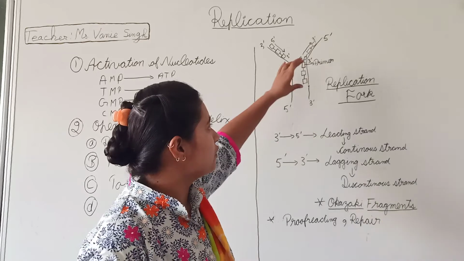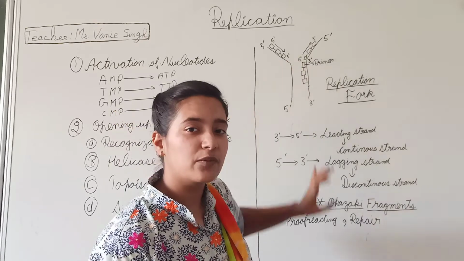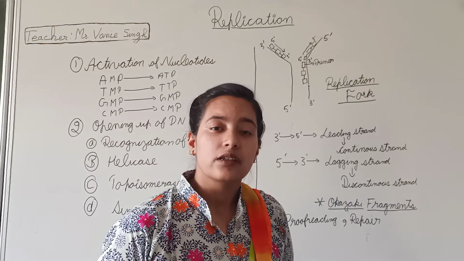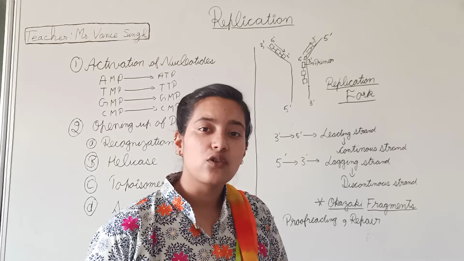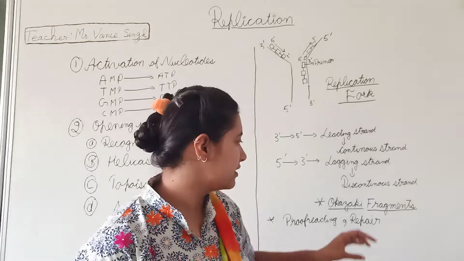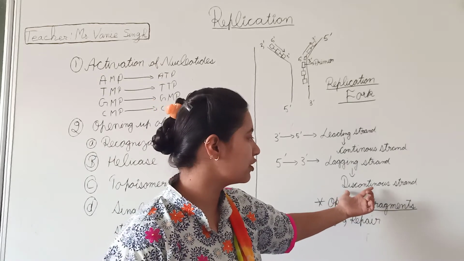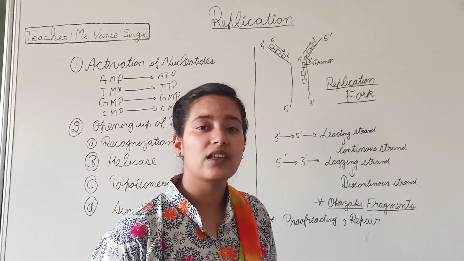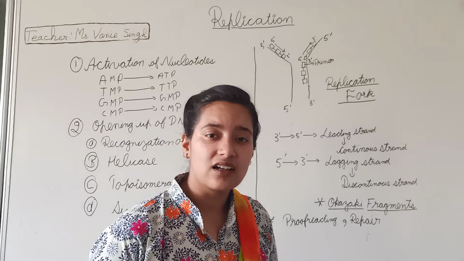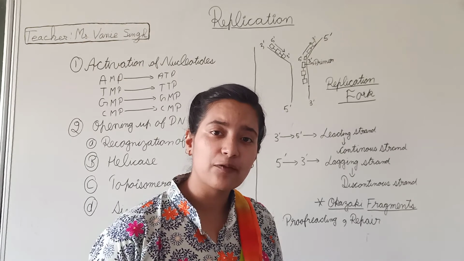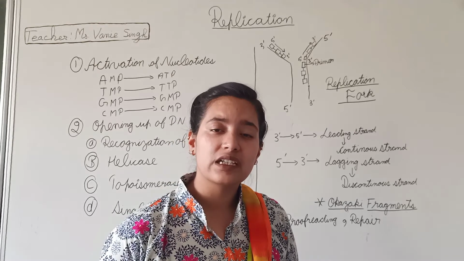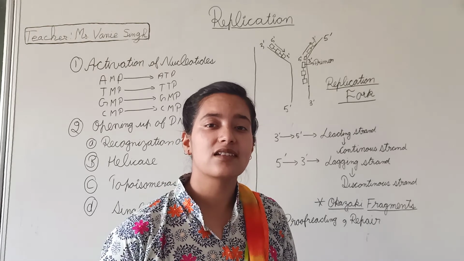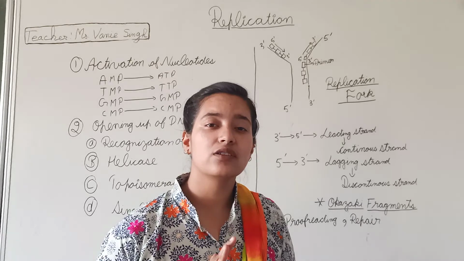As we know that the primer enzyme is involved here, the nucleotides are in the discontinuous form. By this, the discontinuous strand has been given the name Okazaki fragments. Okazaki fragments simply means that the strand is not in the continuous form, it is in the discontinuous form.